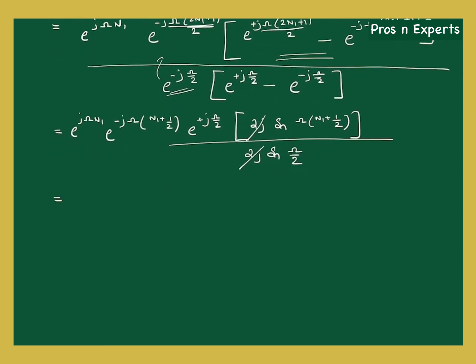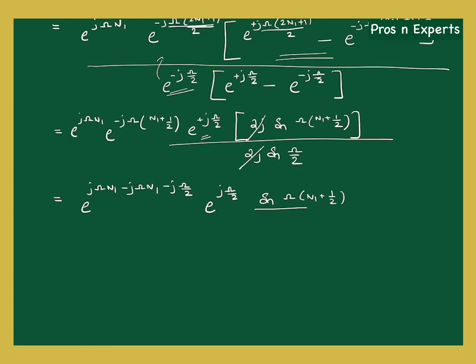So we can have some simplifications here. Here you can see e raised to j omega n1, e raised to minus j omega into n1 plus half. I'm going to expand this bracket and append this whole exponent to the single base. So e raised to j omega n1 minus j omega n1 minus j omega into 1 by 2, into, again there is an e raised to j omega by 2 here, into sine omega into n1 plus half.